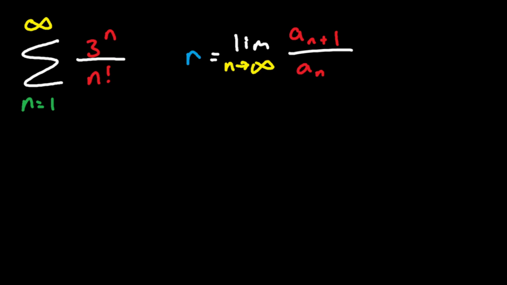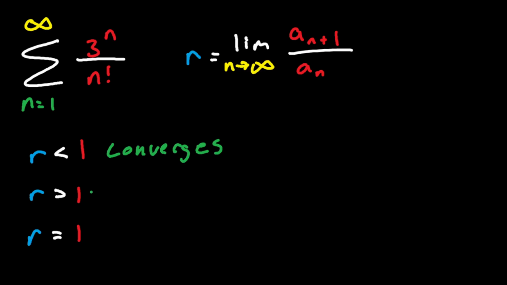So if you take this limit, you're eventually going to get some constant, right? And that constant will tell you a couple things, depending on whether r is less than, greater than, or equal to 1. If r is less than 1, then your series converges.